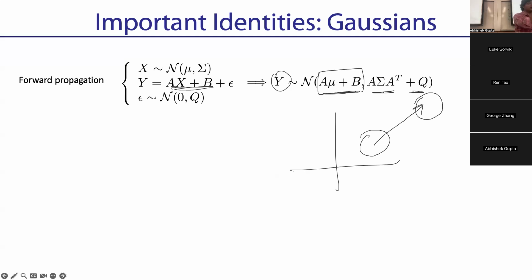The variance has two terms. The first says that if you scale a random variable x by A, the variance becomes A squared times the variance of x.